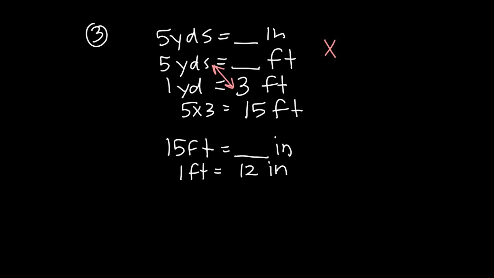Now, I look at my numbers and they are diagonal from each other. So, I am multiplying, and I have 15 times 12.